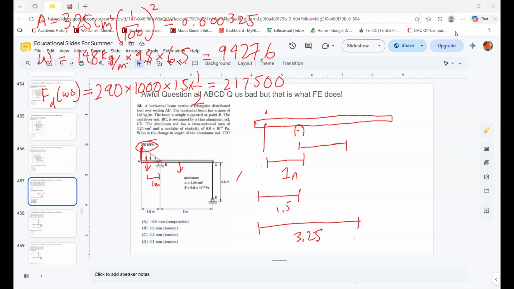Okay, that's right. I need to do this. So 3.25 minus that 1.5 is about 1.75 over here. So in this sense, what you can put down is this.